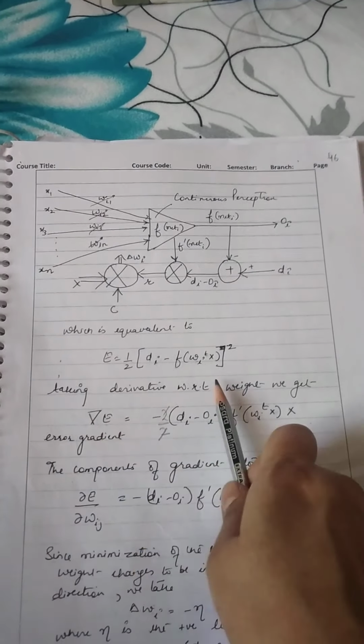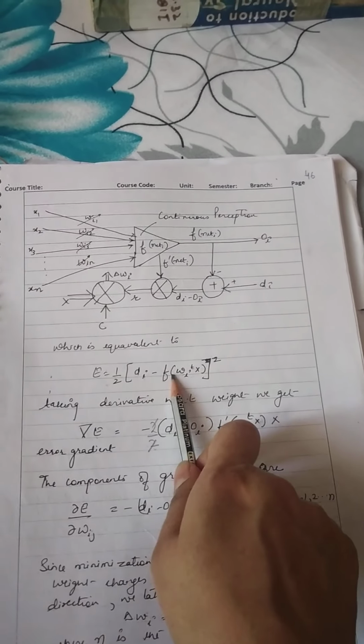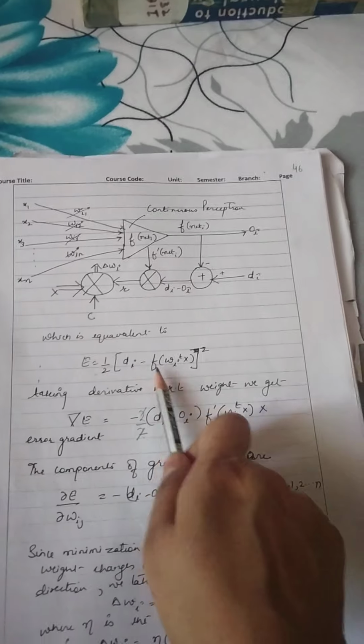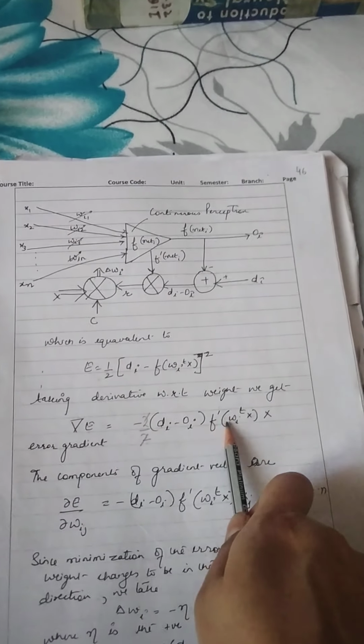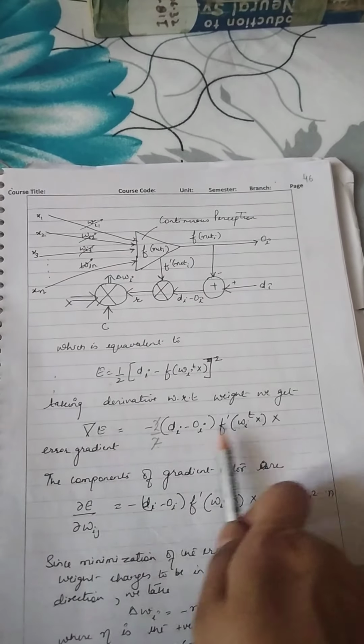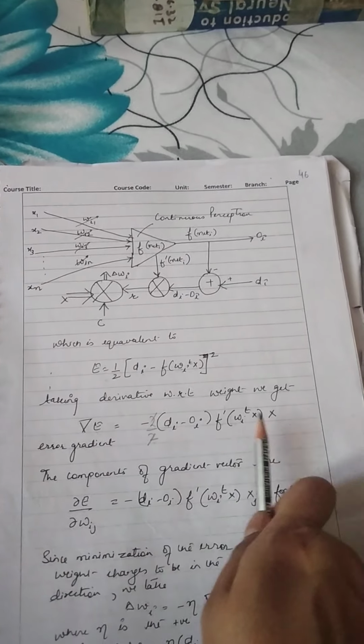If we take the derivative of this function, the 2 and the 1 upon 2 will cancel, di minus oi will remain, and for the derivative of f of net we will have a minus sign, f dash of net, and for the weighted inputs we will have only the x. So this would be the result of the derivation.